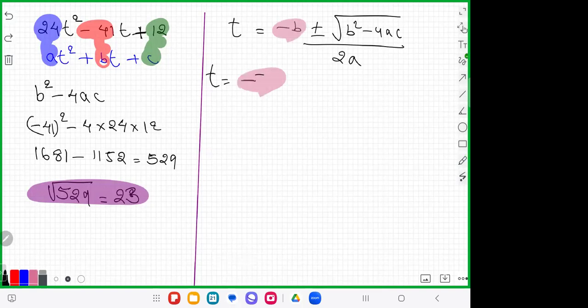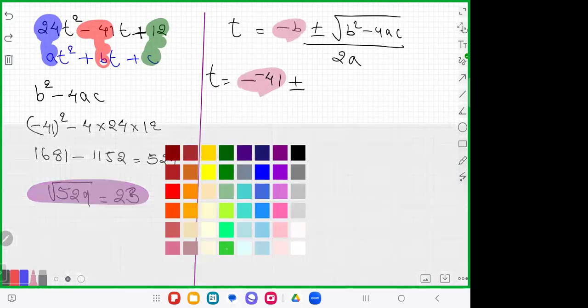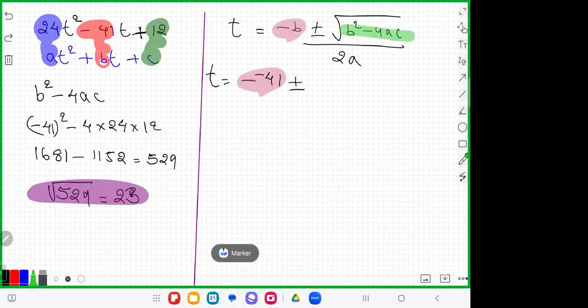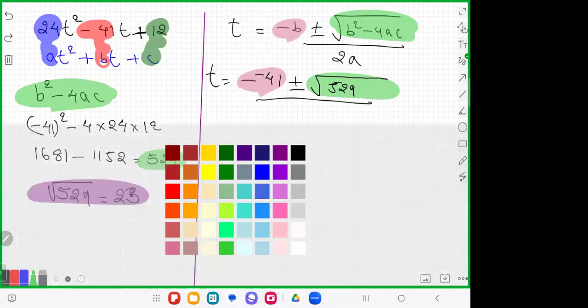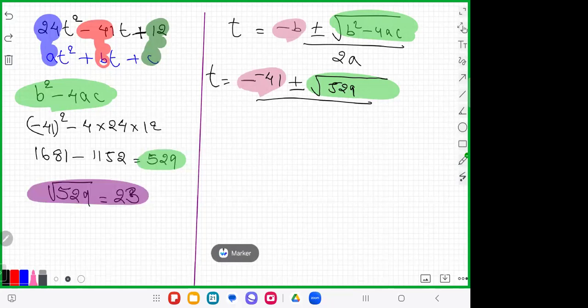So you write minus of minus 41 plus or minus root of b square minus 4ac. We got the b square minus 4ac value. What is that? 529. So it is root of 529, whole divided by 2a. 2a is equal to 2 into a, and a is equal to 24.